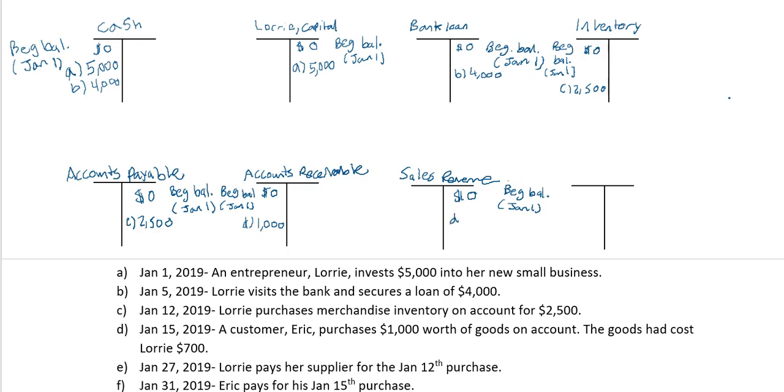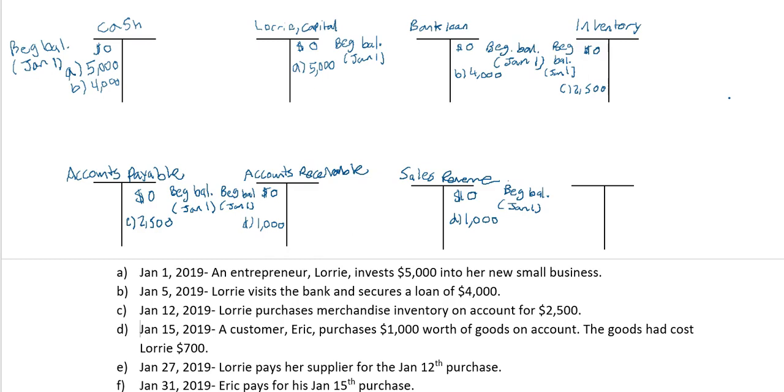And we'll go ahead and make our credit entry, or first credit entry, I should say, for transaction D. And there, the first entry is now all done. A debit to accounts receivable for the amount of the sale, 1,000, and a credit to sales revenue, also for 1,000. Now we have to deal with the 700, which was our original cost.